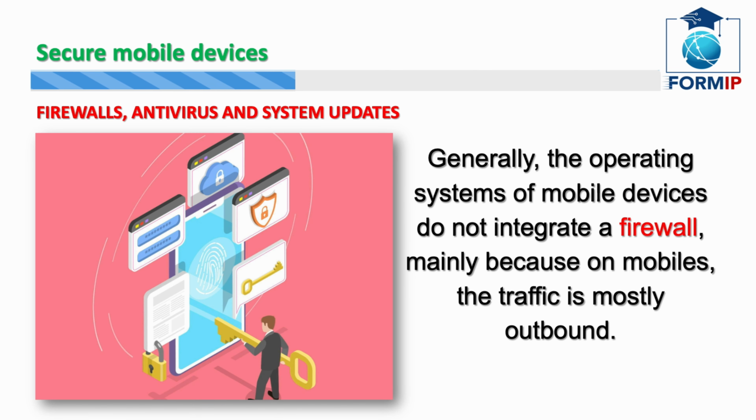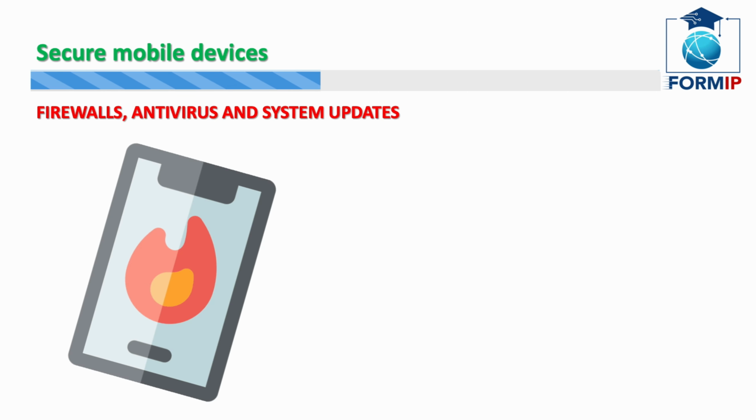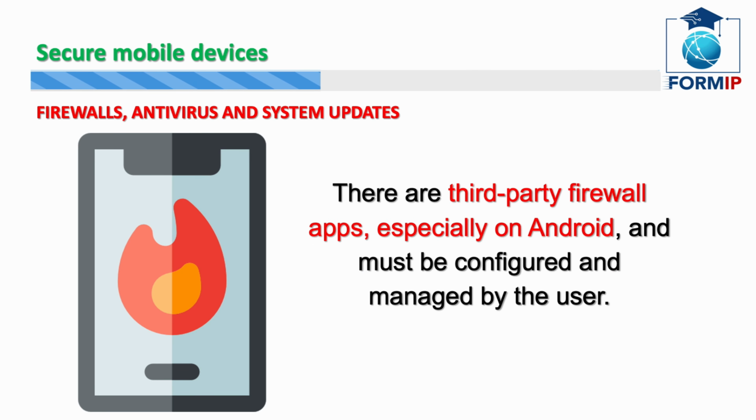Firewalls, antivirus, and system updates. Generally, the operating systems of mobile devices do not integrate a firewall, mainly because on mobiles, the traffic is mostly outbound. There are, however, third-party firewall apps, especially on Android, and must be configured and managed by the user. There are also solutions for companies that are configured and managed centrally by a system administrator.